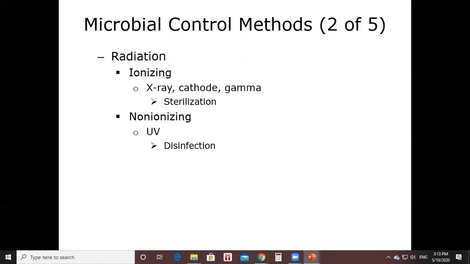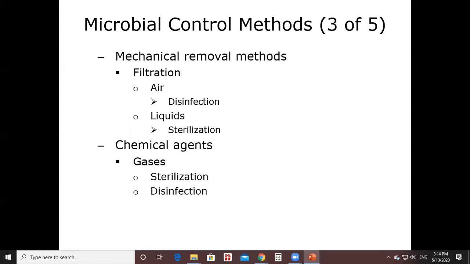Then you have radiation, like ionizing radiation, like X-rays and gamma rays. You can achieve sterilization. And non-ionizing radiation, like UV light, you can achieve disinfection. Some of the mechanical removal methods are filtration, like air filtration, where you can get some disinfection. Then you can have liquids, where you can achieve sterilization.